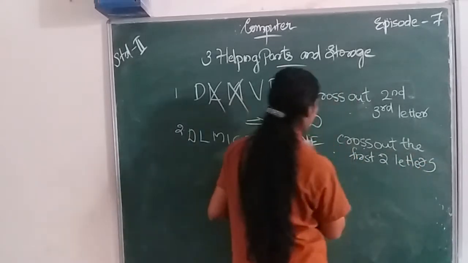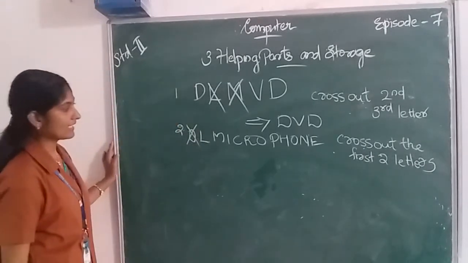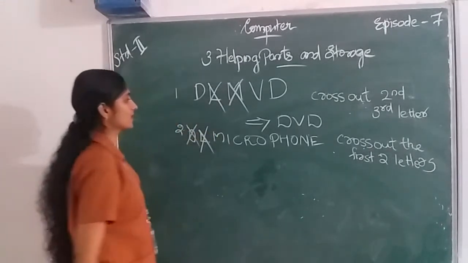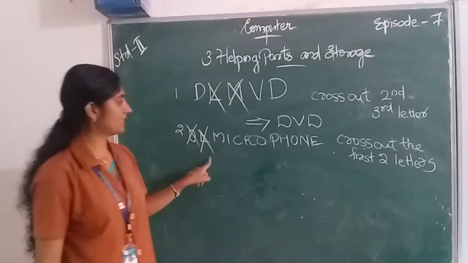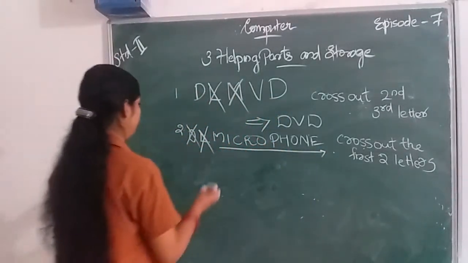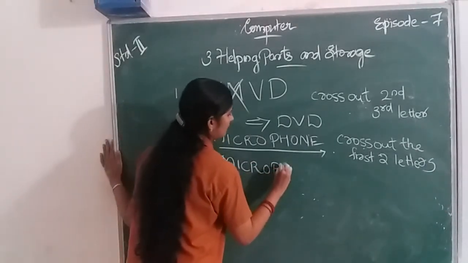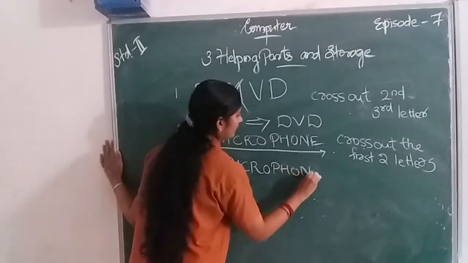So let's do it. First letter D. Second letter L. So cross out first two letters. Finally, the answer is microphone.